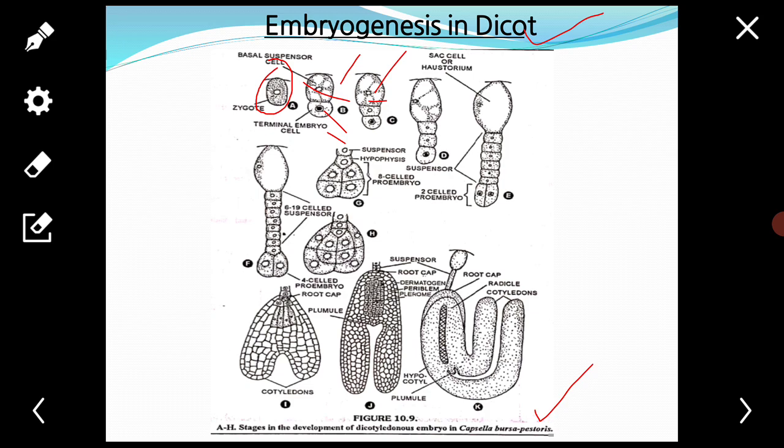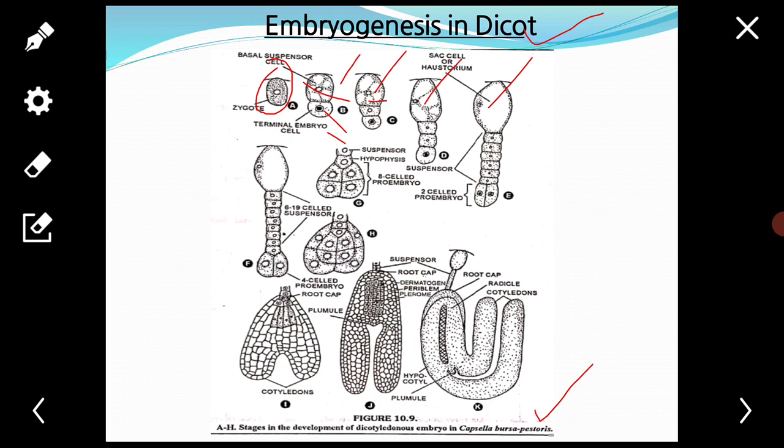Out of the two cells formed from transverse division of the suspensor cell, the lowermost cell towards the micropylar end enlarges in size to form a vesicular basal cell.